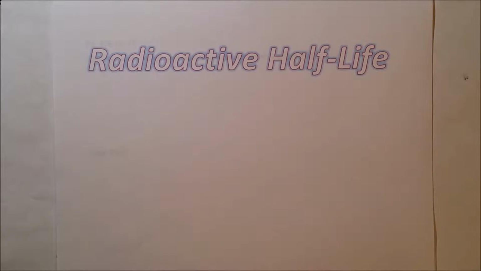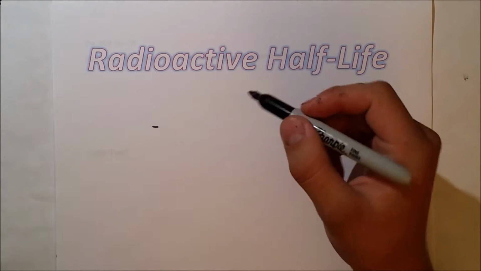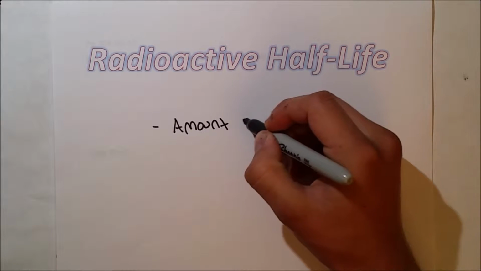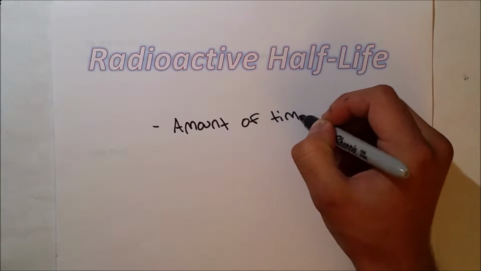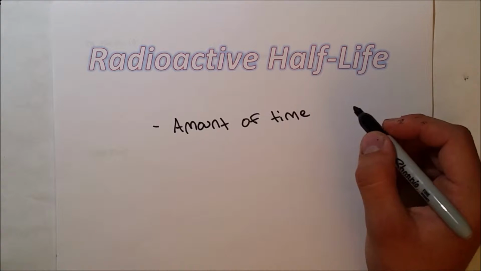Right, so today we're going to be talking about radioactive half-lives. To start off with, a real quick thing: radioactive half-life is defined as the amount of time it takes 1/2 of a radioactive sample to decay.